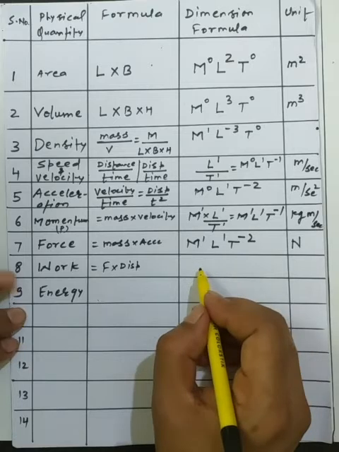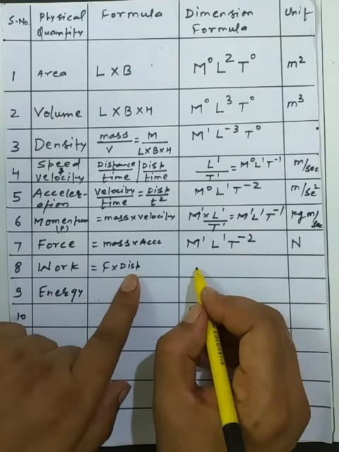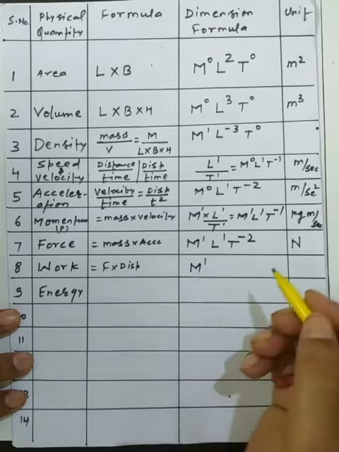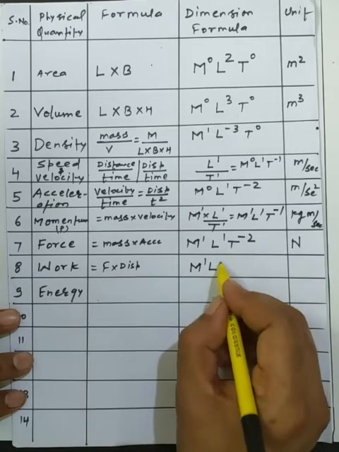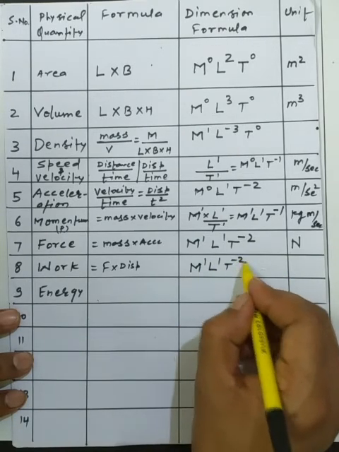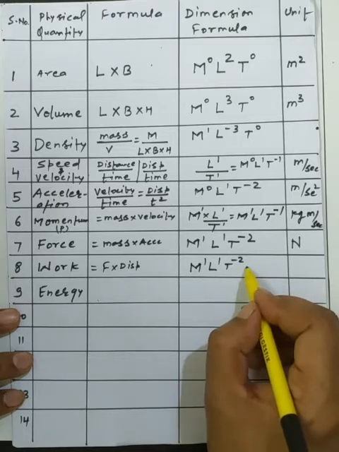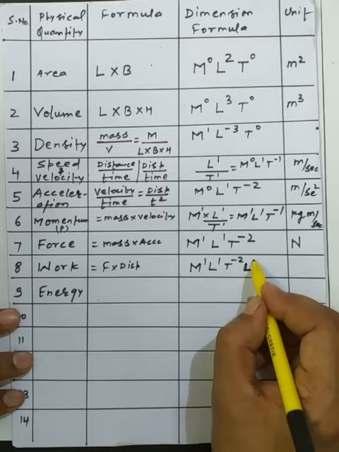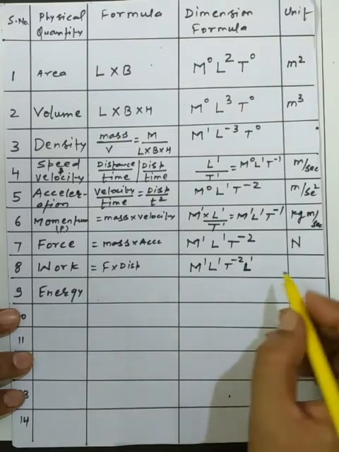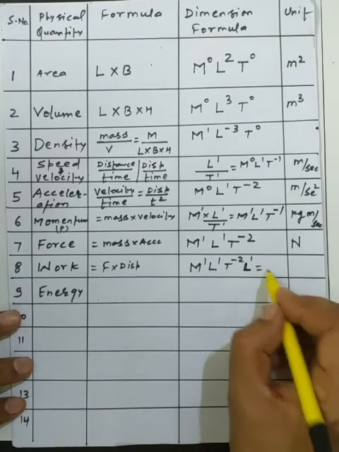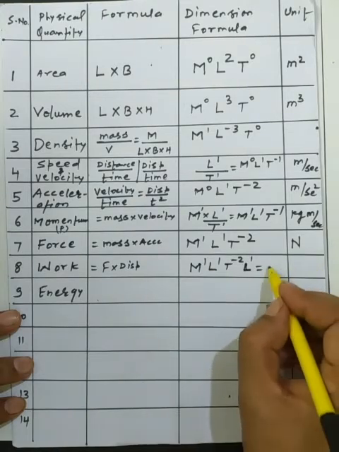Easily we can write the dimension formula of force, and we include the displacement in it. So M1 L1 T minus 2 is the dimension formula of force, and the displacement is L1. So finalized, we write the dimension formula; the bases are common, so the powers will be added.